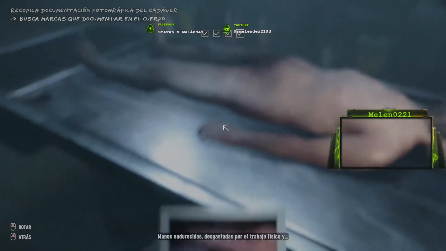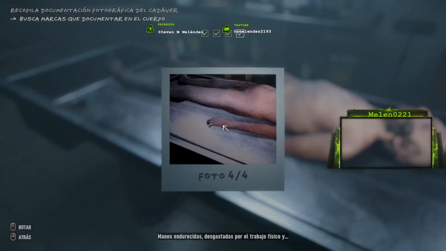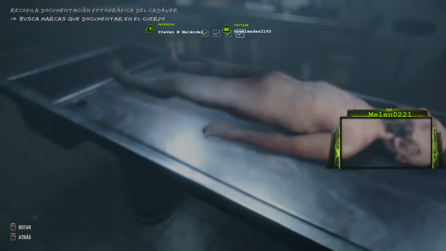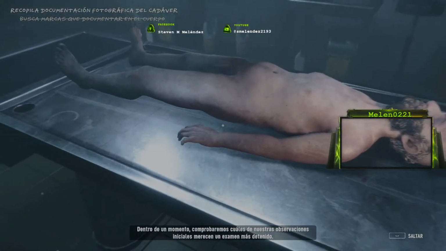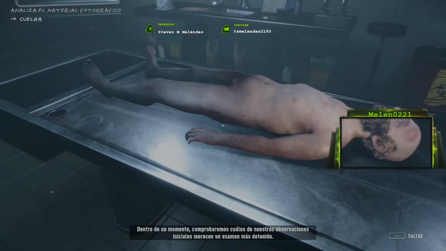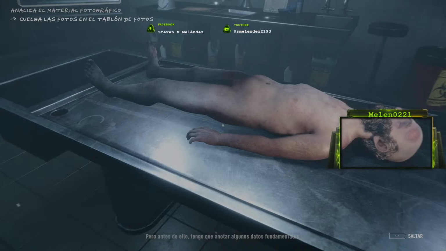Hardened hands, worn out by physical work, and frostbite? In a moment, we will check which of our initial observations will be worthy of further consideration. But before we get to that, I need to write down some basic data.